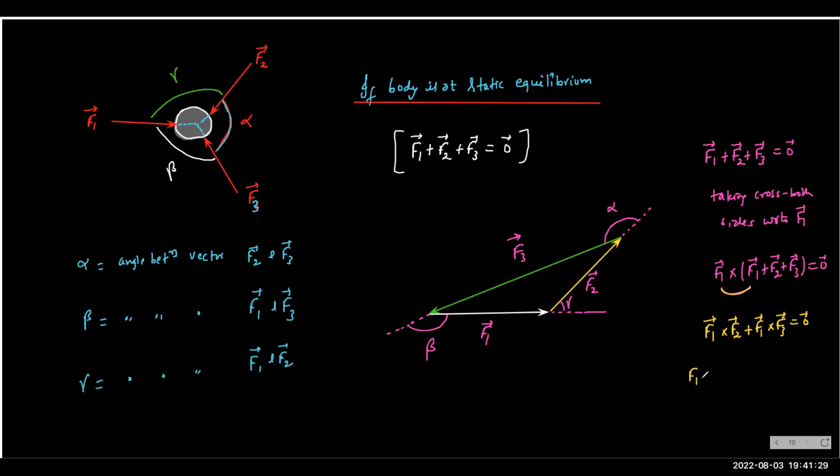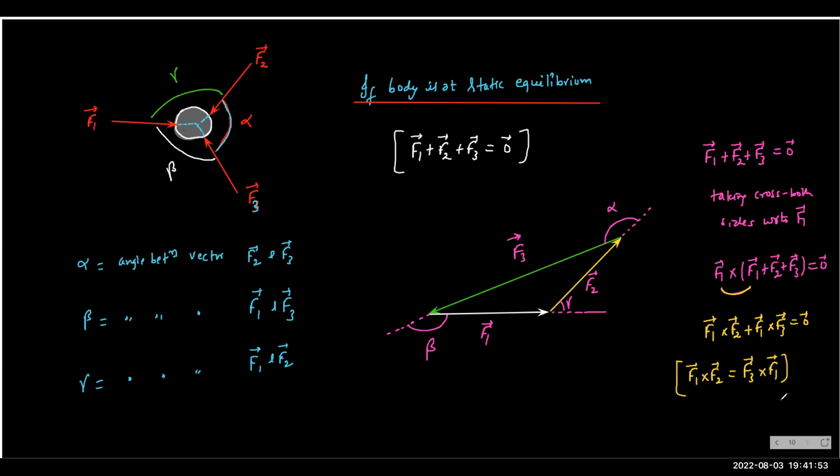I can put the second term on the right hand side of the equal sign. A minus will appear, and then I will reverse the order of the cross to make it plus again. So can we write F1 cross F2 equals F3 cross F1? Yeah.